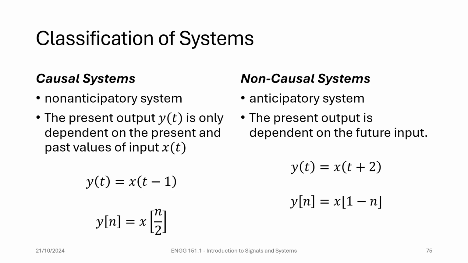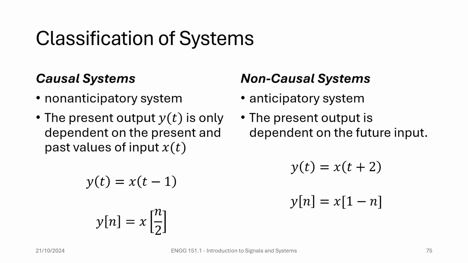Now let's go to causality. Causality is the property of a system to anticipate an input to produce an output. If the system is said to be causal, meaning the system is not anticipatory, the present output is not dependent on the future input.